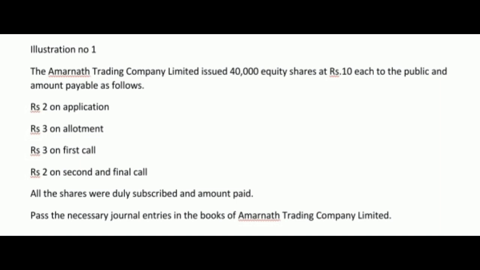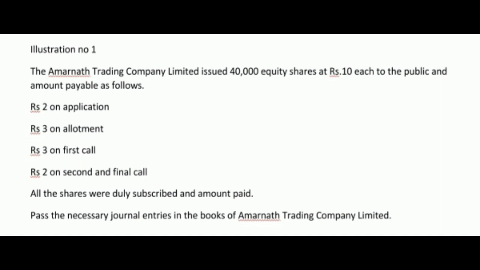So, this is the problem which has been given here. As I said, it is the basic kind of problem, which will not have any kind of adjustment. We just have to pass the journal entries for each of the transactions. The problem clearly says that 40,000 equity shares have been issued by the Amarnath Trading Company to the public.